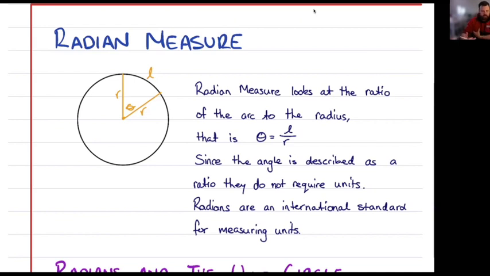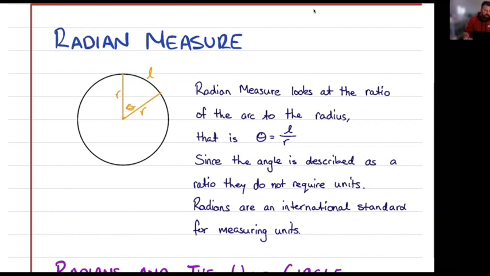And what we do with radians is we go, okay, if I've made a sector so big because of an angle, what is the impact on the arc length, or what is the fraction that arc length has over the radius? And when we look at that fraction or that ratio, that's what we describe as a radian.